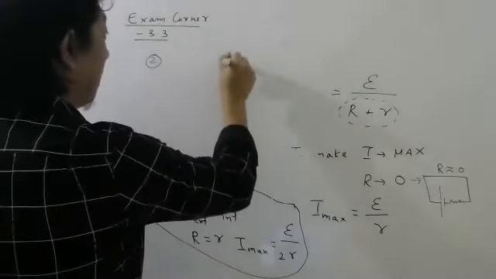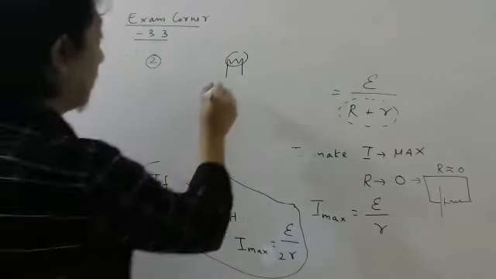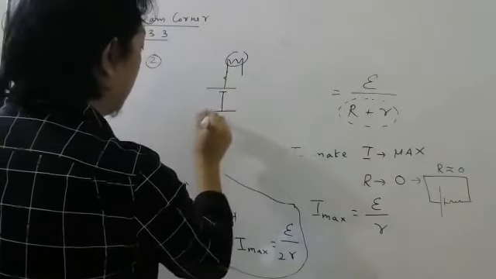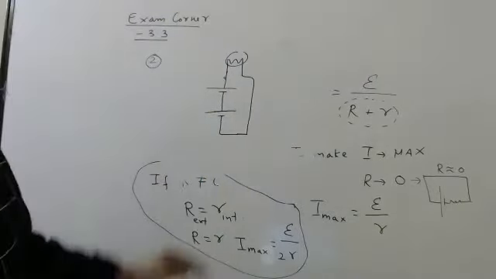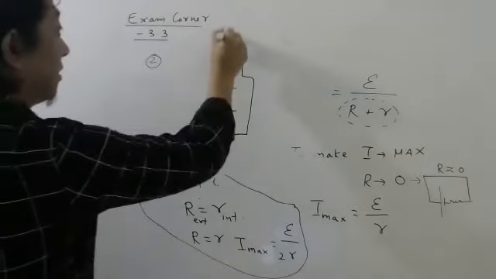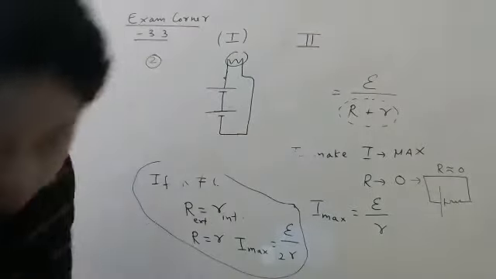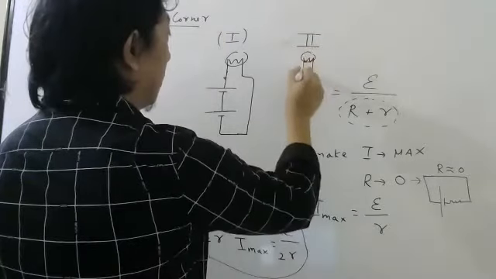So here is a bulb, okay, and we are connecting it to a battery like this. So here you can see the batteries are in series with the bulb. So this is the first scheme. In the second scheme, they are connecting the bulb in this way.